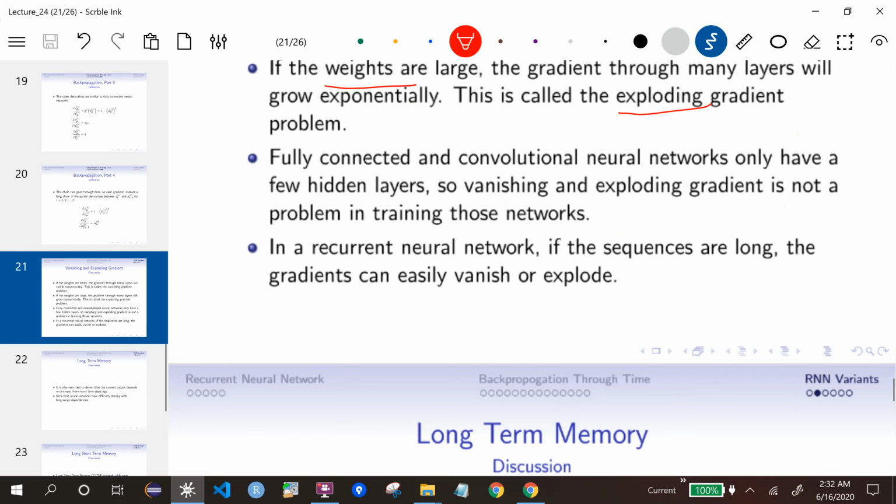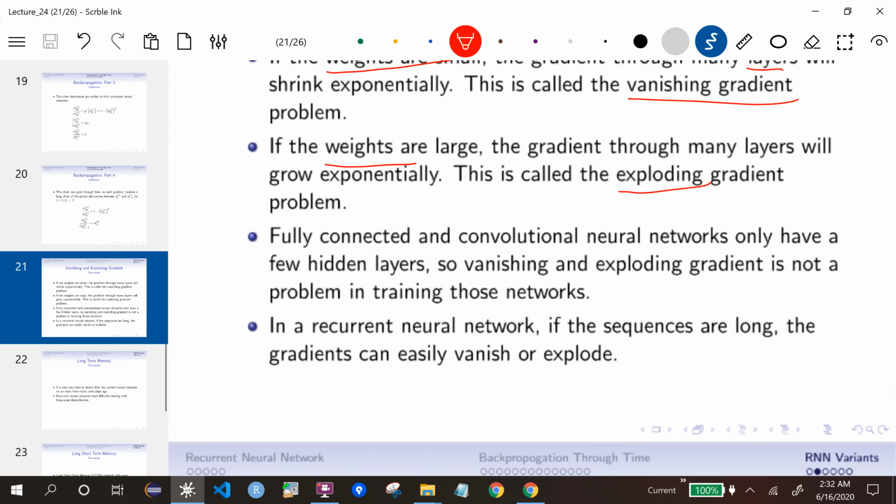Okay, so here it says if we have a fully connected network or a very shallow convolutional neural network, then we don't have this problem. We never had it because there are only few layers, so the product of those gradients will not get exponentially small.